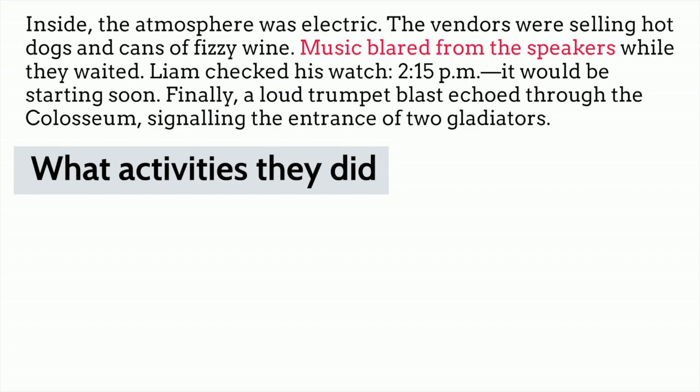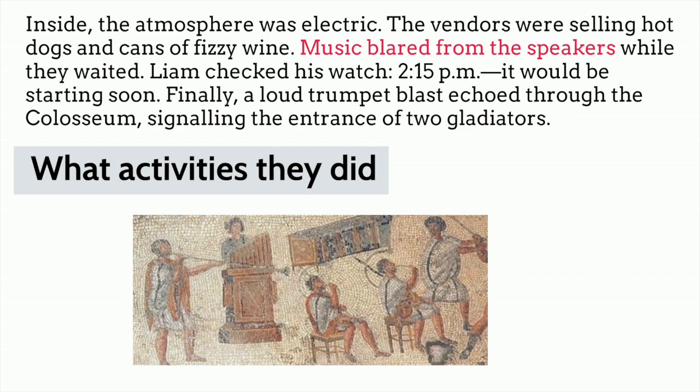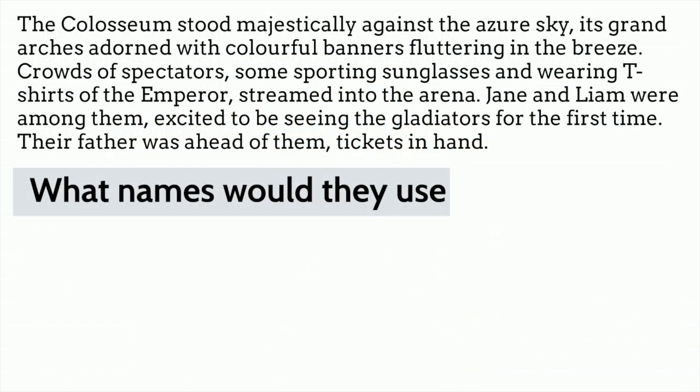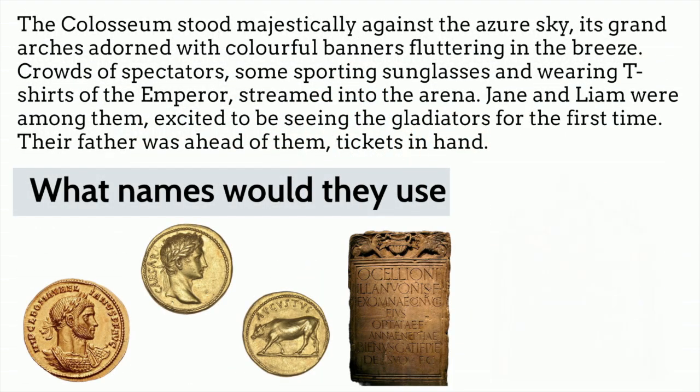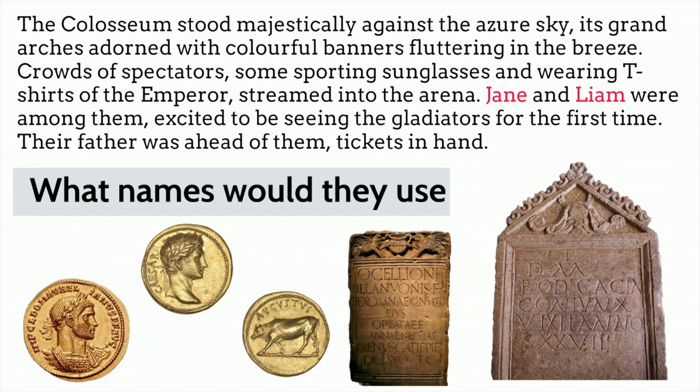Instead, the sound of trumpets, horns, and drums filled the air, played by musicians. What names they would have used. Instead of Jane and Liam, more fitting Roman names would be Julia and Lucius. Other options for girls' names include Claudia, Livia, Valeria, and Octavia, while suitable names for boys would be Marcus, Titus, Gaius, and Quintus.